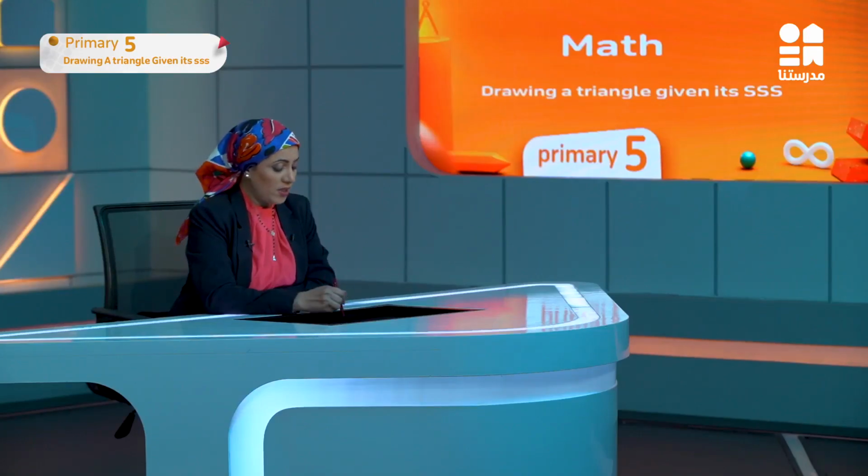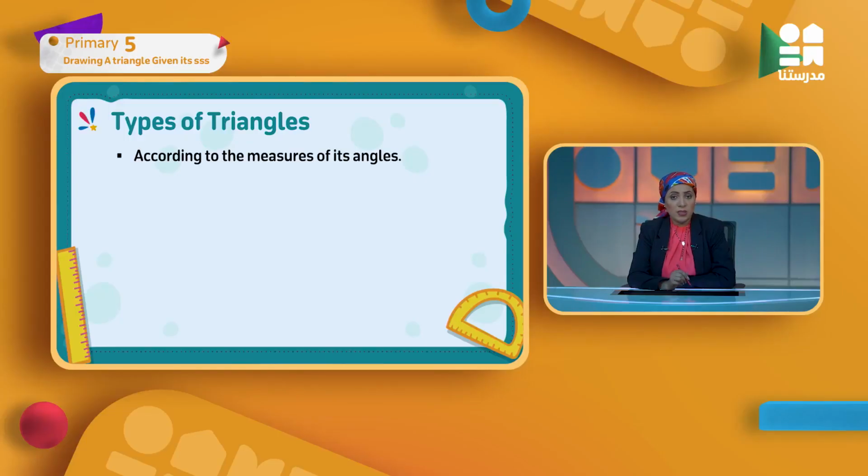First, I want to remind you of the types of triangles. We differentiate between triangles depending on 2 criteria. The first one is according to their angles.